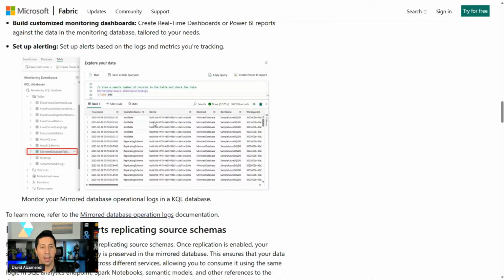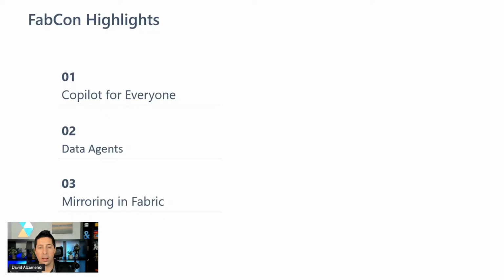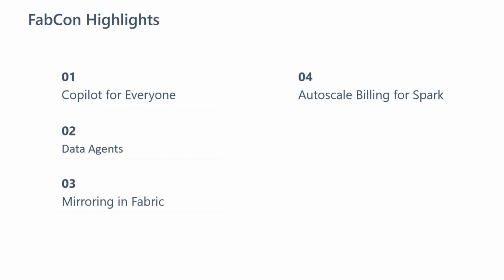The next one that we're going to look at is the new billing model for Spark. And I think this is about having options. I think it's really good for us to have options on billing and how we pay and how we allocate our different resources.